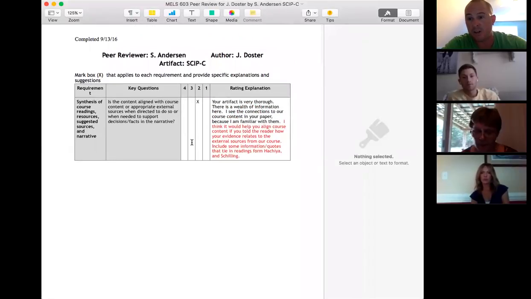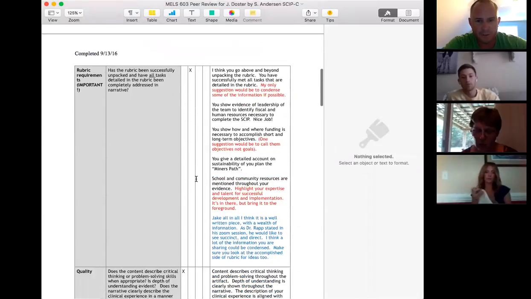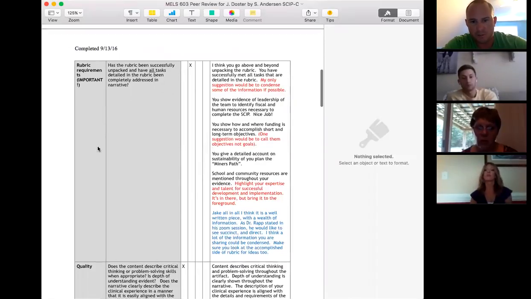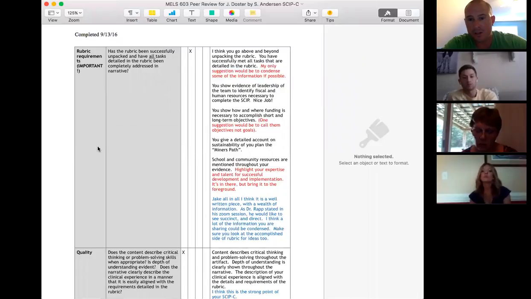If you look up fiscal and human resources in the glossary, it takes you right to those pages in the book. For the rubric, condense some information if possible. I don't know if we're supposed to be calling it objectives or goals, but in the rubric it says objectives, so that's what I went with.